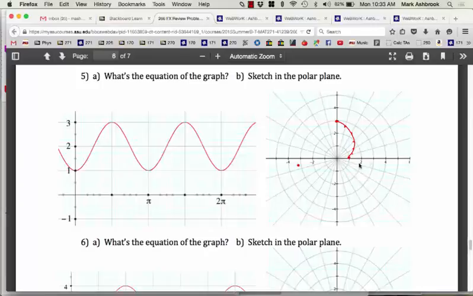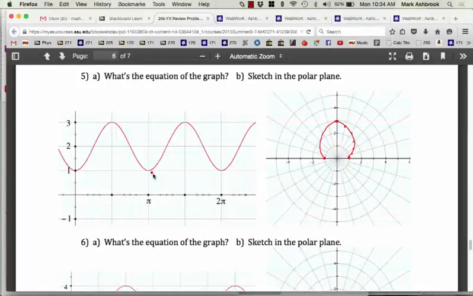Okay, and then when you go from pi over 2 to pi, we go back to 1. So it's going to kind of undo what it did, right? So we went from 1 to 3 as we did the first quadrant, and then in the second quadrant, we're going to go back in a symmetric way back to 1. Here's 1 at pi, so it's going to do this.